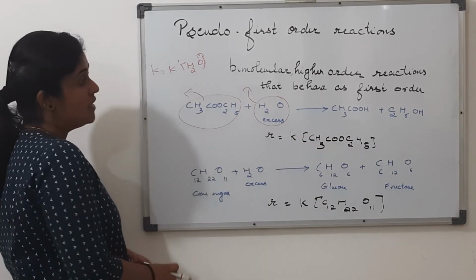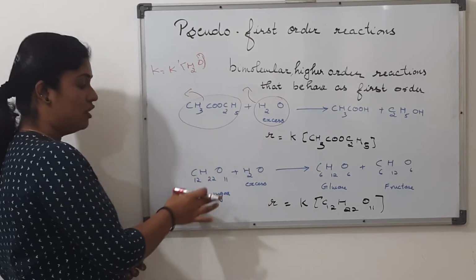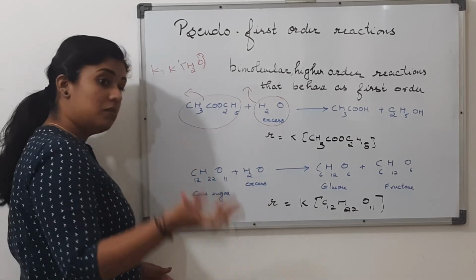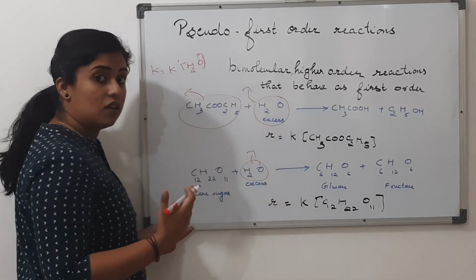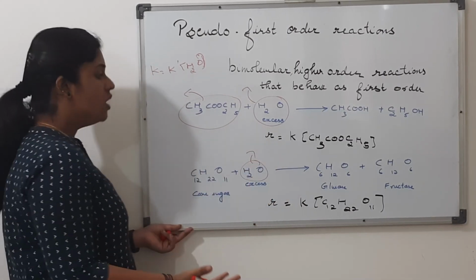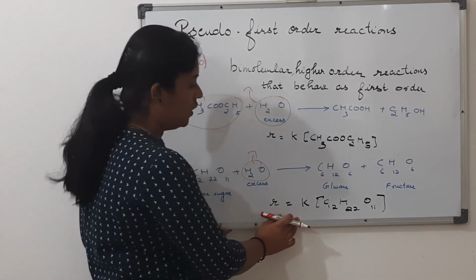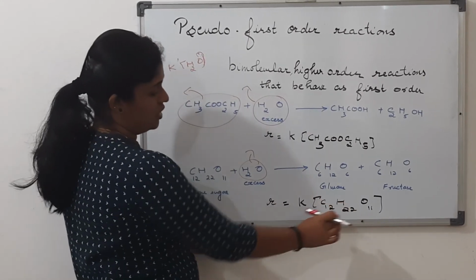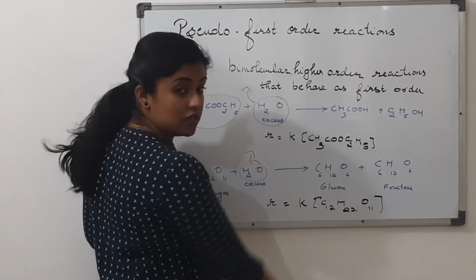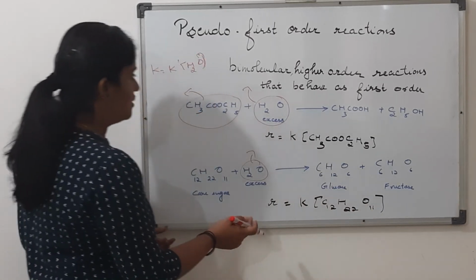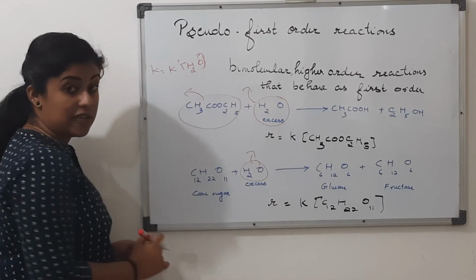Another example is the inversion of cane sugar, where cane sugar reacts with an excess amount of water. Water is too high here also, so the change in concentration of water is negligible. So we can write the rate of the reaction only in terms of cane sugar's concentration, that is R equal to K into the concentration of C12H22O11, where K is similarly K dash into H2O in this case also.